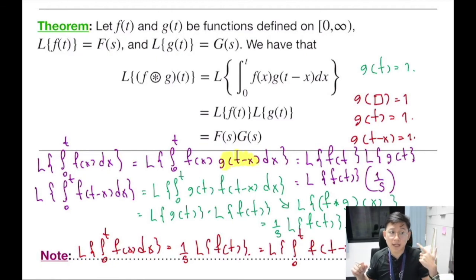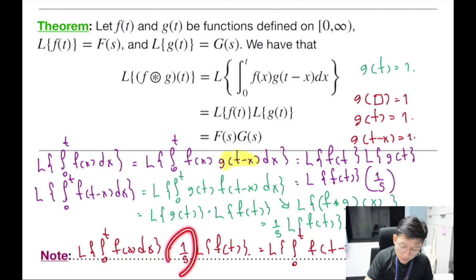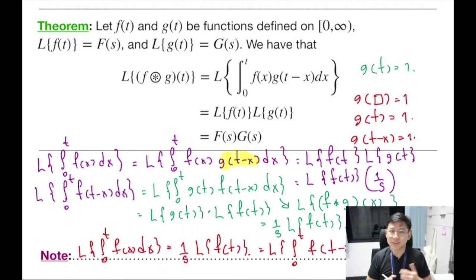If you want to find the Laplace transform of the convolution of f and g, it's actually the Laplace transform of f times the Laplace transform of g. Very easy. Okay, and we have the note here that for the Laplace transform of the integral from 0 to t of f(x), without g, it means that g is 1, and the Laplace transform of 1 is 1 over s. See?